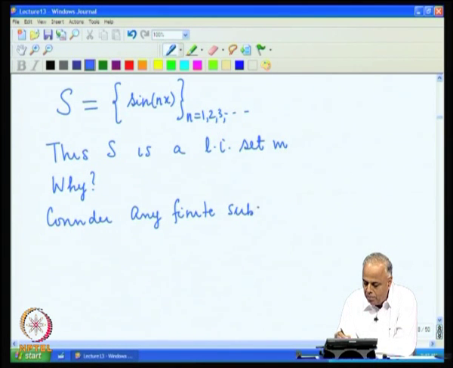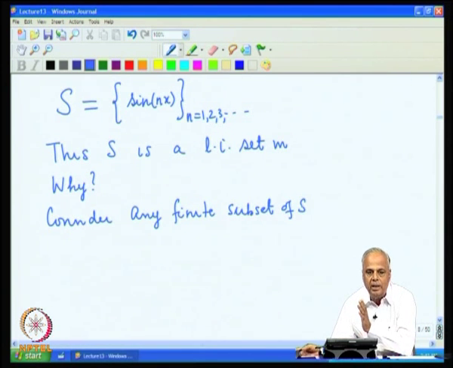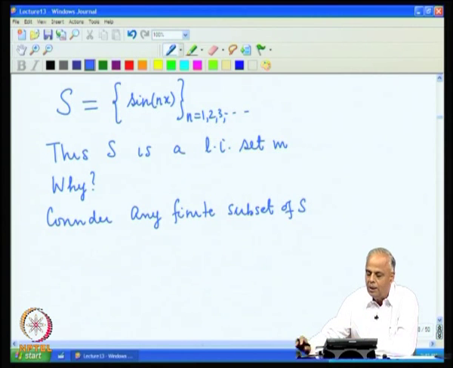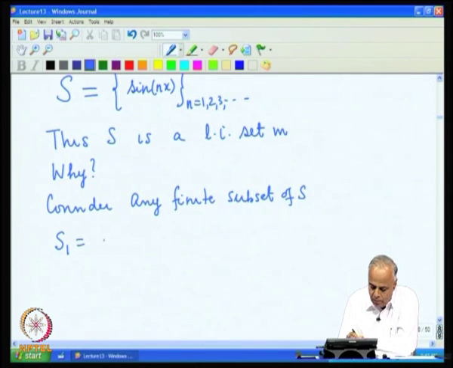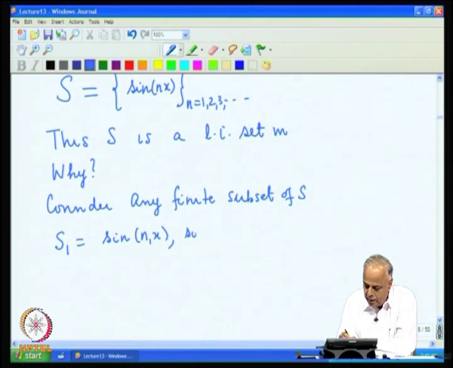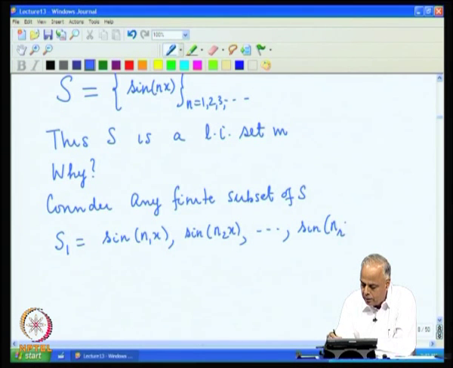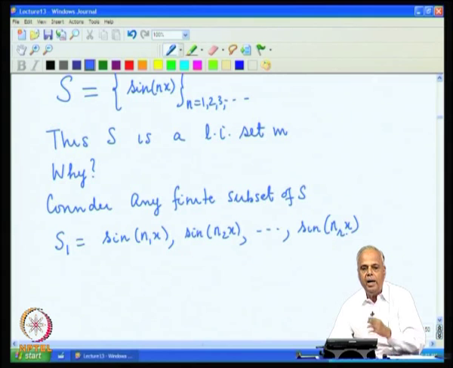Now, what do we mean by a finite subset of S? S consists of all sin nx's. So, we will be considering the n's for a finite number of values of n. So, let us say S1 consists of sin n1 x, sin n2 x and so on, sin nr x. So, we have a finite subset of S, where n1, n2, nr are integers.